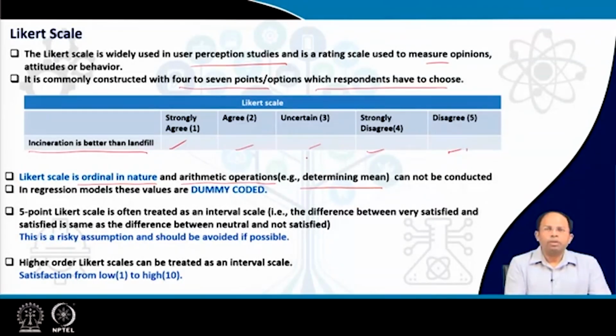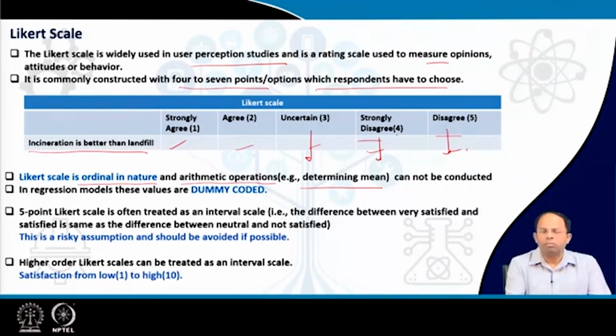Because sometimes people take ratings on a 1 to 5 satisfaction scale and take averages of those ratings. Usually that is not allowed because these are independent values. There is an order among them, but these are basically categorical values, and because there is an order, we call them ordinal in nature.